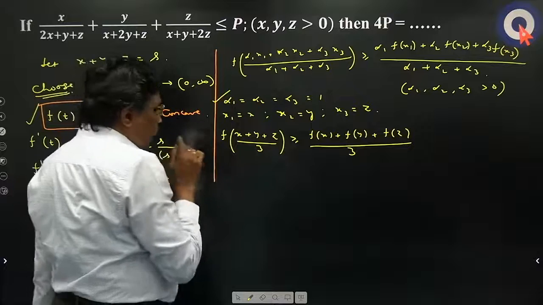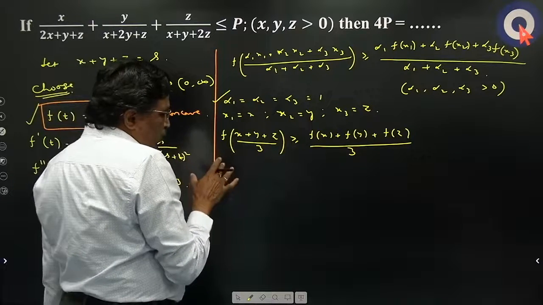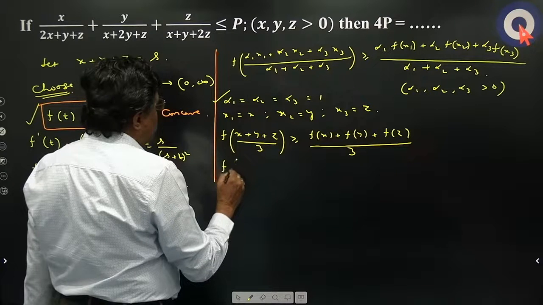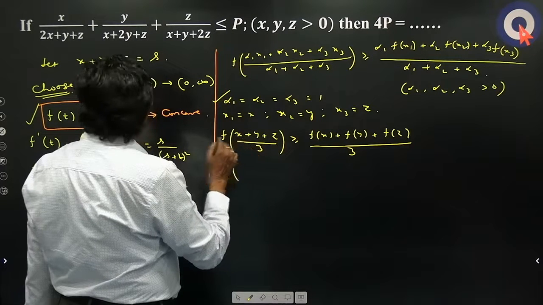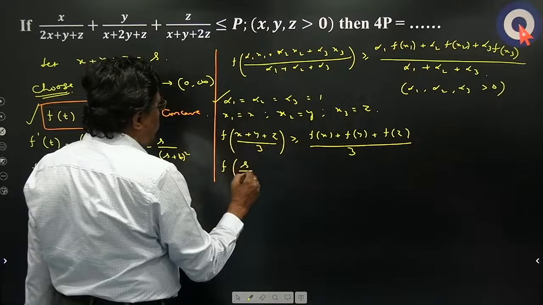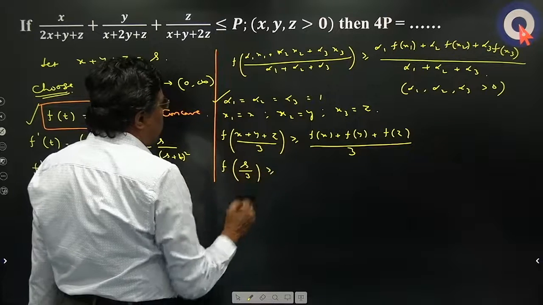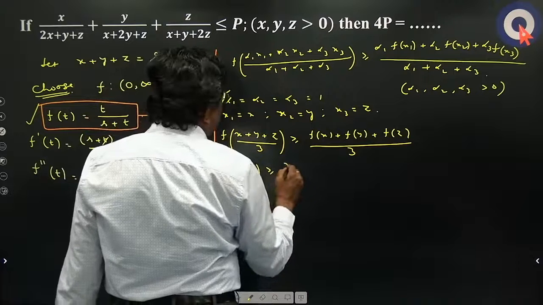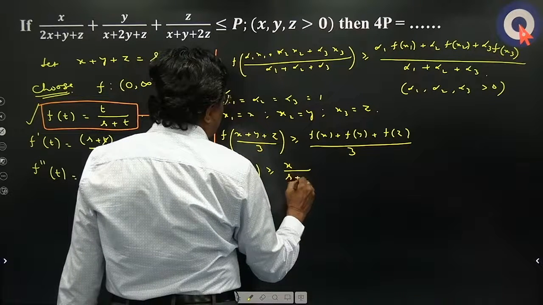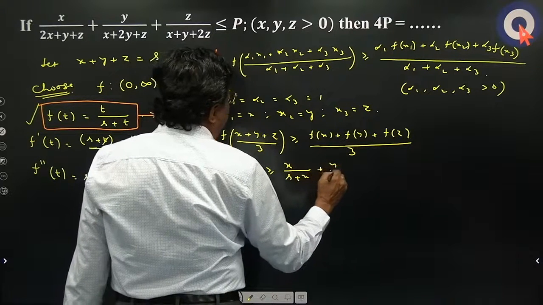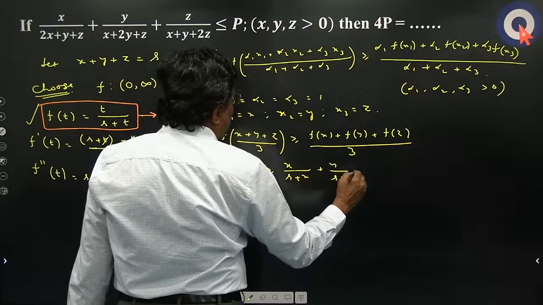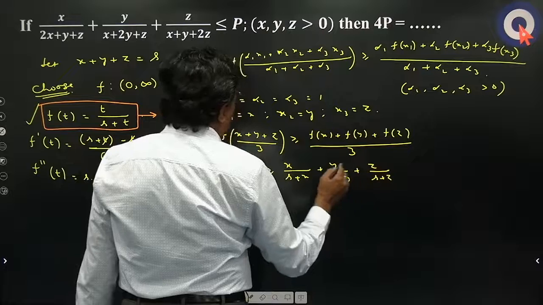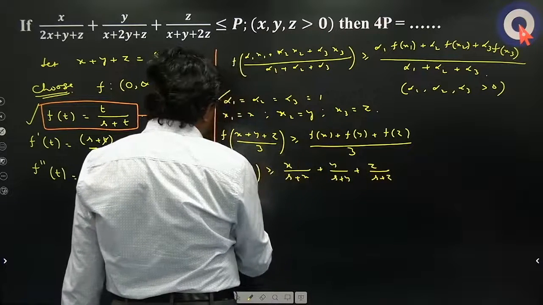This is our choice, and choosing this function is also our choice. You must see the way in which the problem is getting solved. Let x plus y plus z be equal to s. So f of s by 3 is greater than or equal to, now what is f x? It is x by s plus x, plus y by s plus y, plus z by s plus z. We'll send the 3 this side.